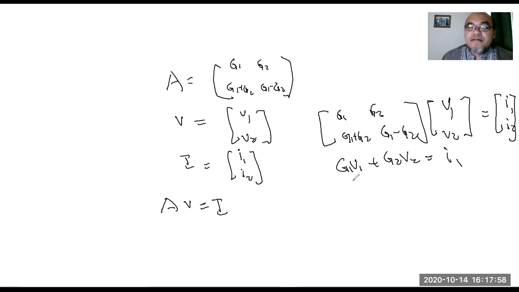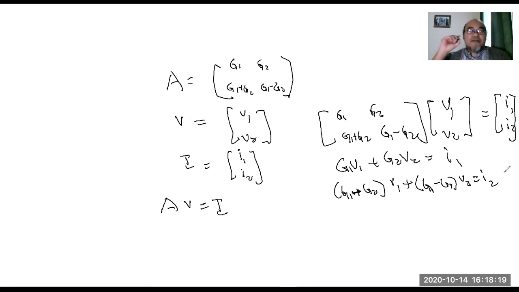Remember matrix multiplication. Then G1 plus G2, where G1 means conductance, so basically you replace it with 1 over R1, times V1. This is just an example, of course. G1 minus G2, for example, times V2 equals I2.